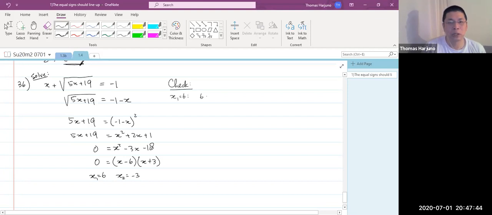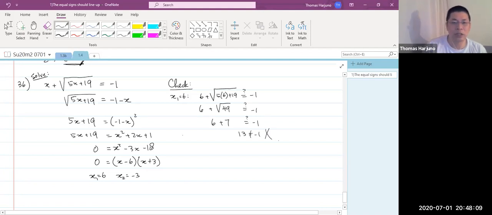So 6 plus square root of 5 times 6 plus 19, is it equal to -1? 6 plus 7, no, it's not -1. So 6 is not a solution. Let me check the second solution, -3.